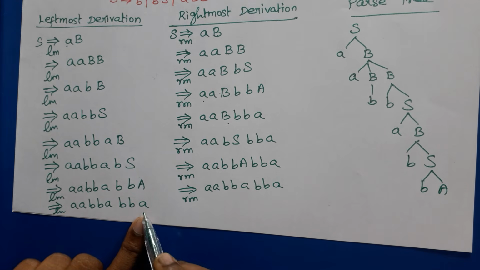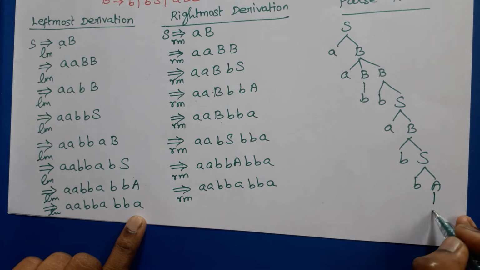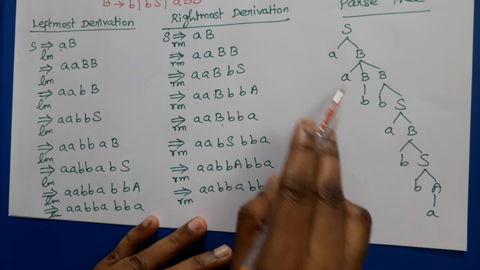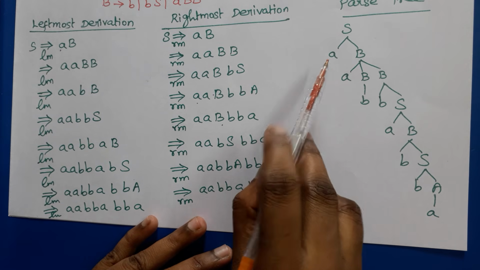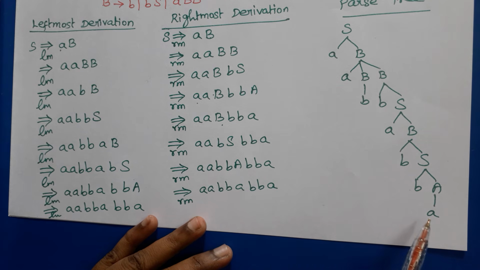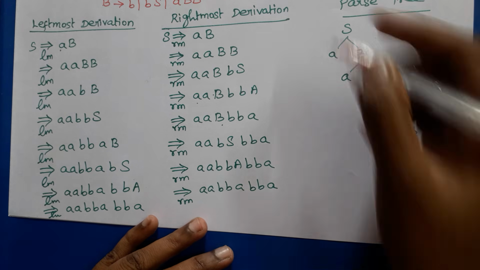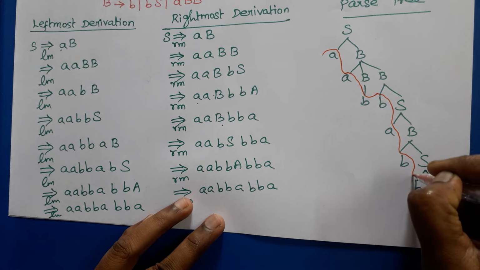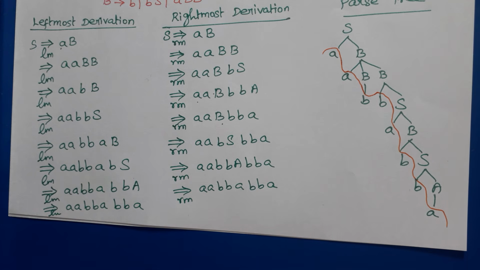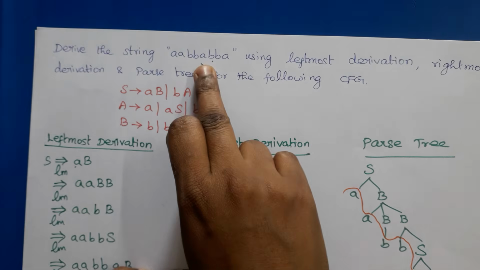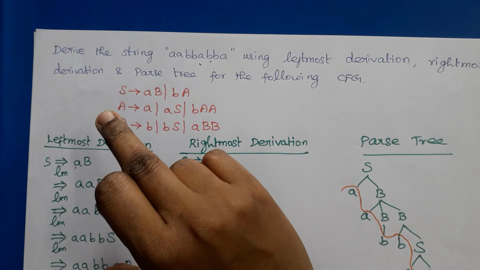Then in the final step, A is replaced by a. So if you concatenate this from the left end, you can see double A, BBA, BBA. Okay, AA, BBA, BBA. So if you concatenate the symbols on the leaves, we can get this string. So this is the corresponding parse tree for getting this string from the given CFG.